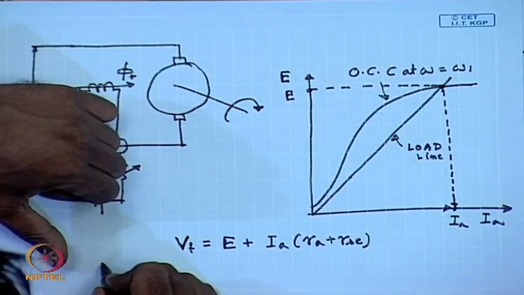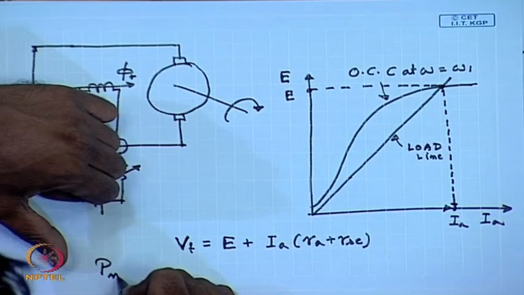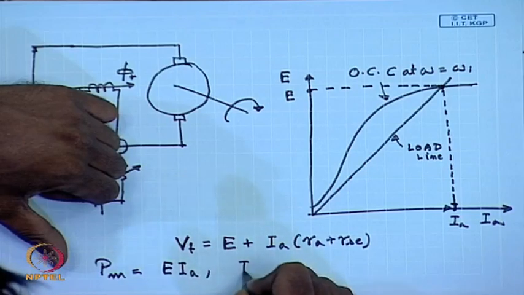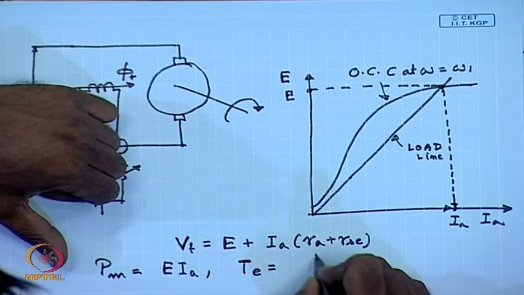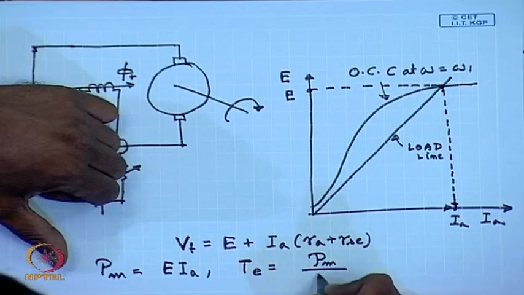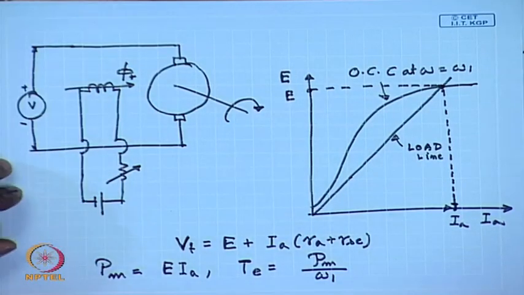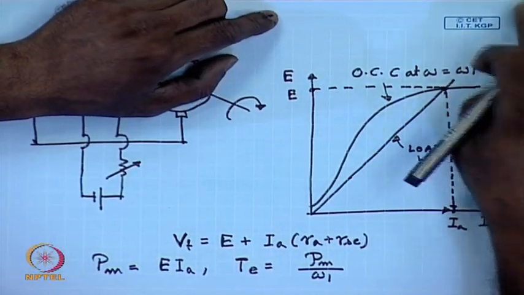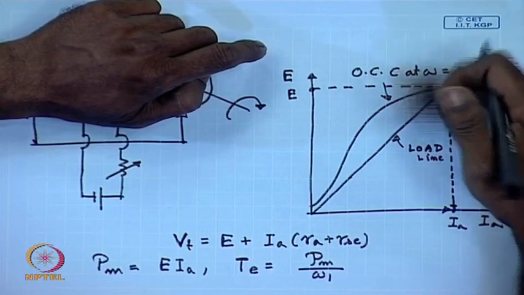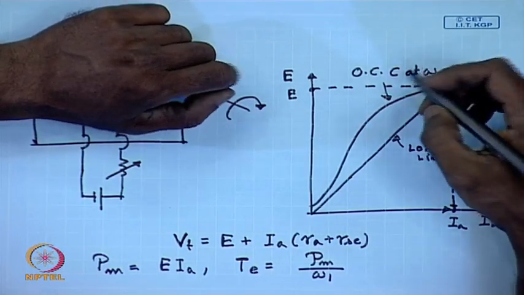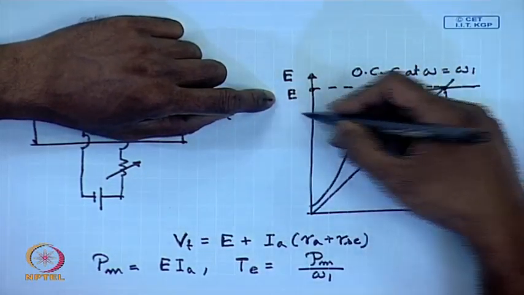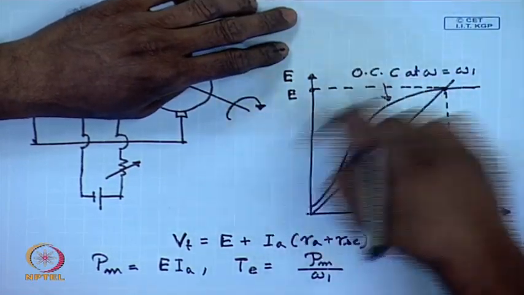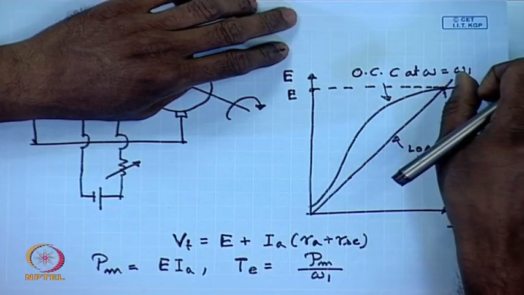Then the mechanical power equal to E I a and the torque developed is thus we will be able to find out the torque at the speed omega 1. Similarly, the OCC can be scaled at different speeds, and for the same applied voltage we will be able to find out E and I a, and we will be able to generate the torque speed characteristics.